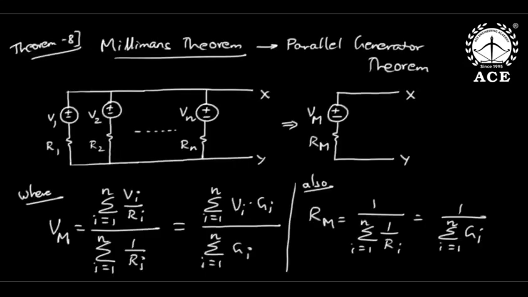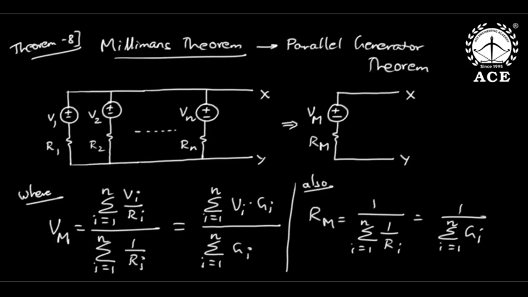Now this is a bit that was asked: dual of Millman's. What is the dual of Millman's? Now listen. Originally this is the correct meaning of Millman's theorem. Don't confuse Millman's theorem with Thevenin's theorem, please. Thevenin's theorem can convert any network to a voltage source in series with resistance. Yes or no?